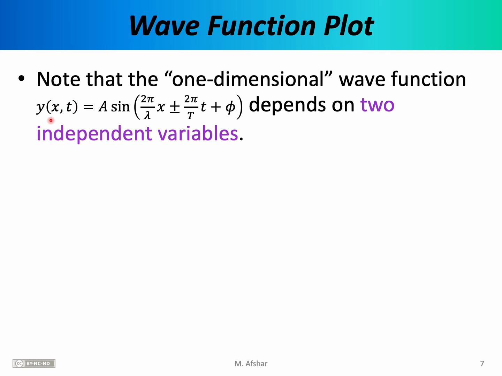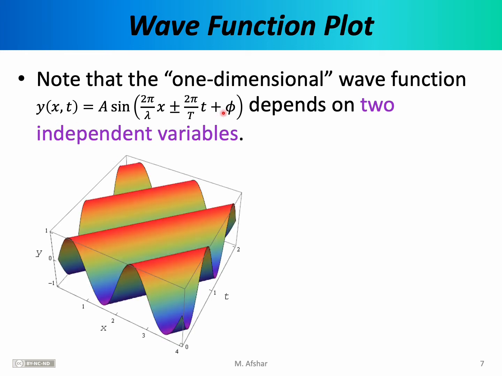However, that function depends on two independent variables, x and t. What that means is that if we were to make a graph of this function, what we would really have is a three-dimensional graph, something that is better described as a surface plot.